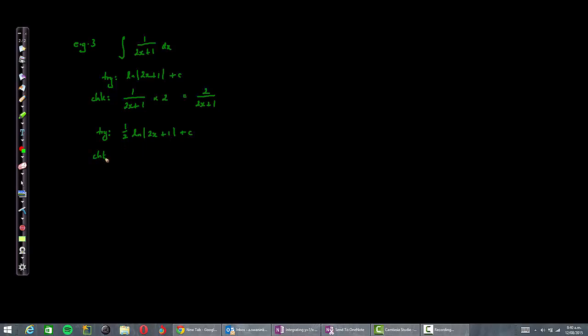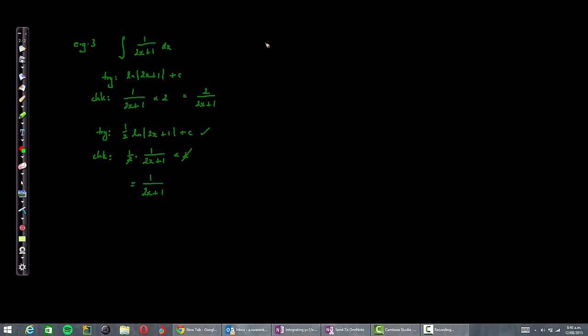And check it. Derive this, we get a half times 1 over 2x plus 1 times the derivative of the inner part, which is a 2. They cancel, and you end up with our starting function there. So this answer here is definitely the correct answer.